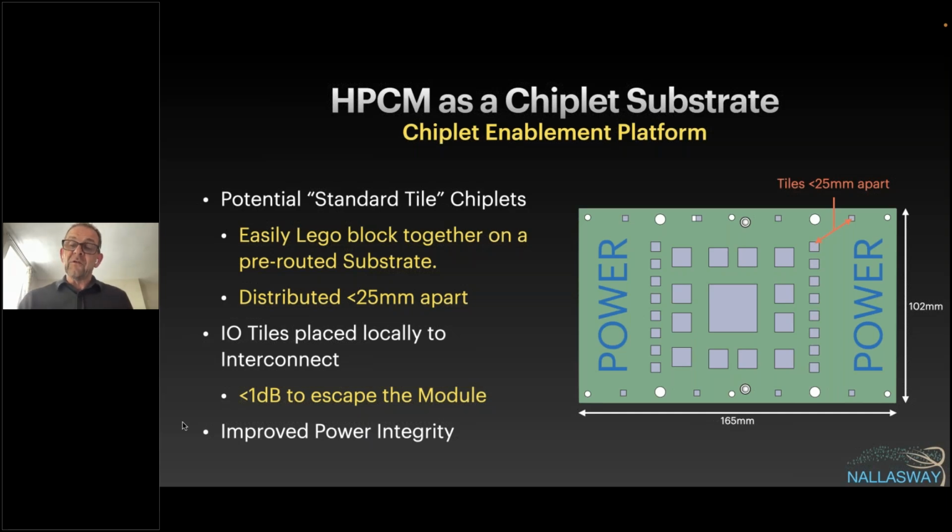So we're saving 7 dB, or on a channel between two modules, we're saving 14 dB that we could give back to the electrical cable to either do longer distance routes with copper before we go optical, or reduce the power for going shorter distances to the likes of 1 or 2 picojoules per bit to drive a short link between two modules. And so that's what this opens up.